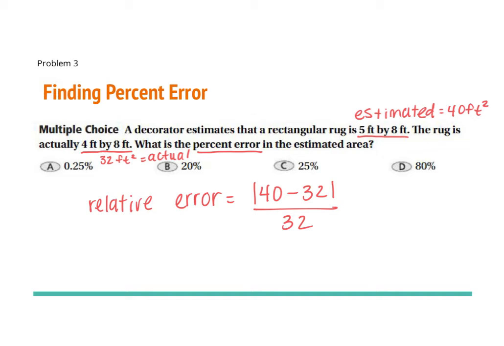So this would be sufficient. If you were to solve this, you would do 40 minus 32, which is 8, divided by 32, and you should get 0.25, which is 25% error. So he was 25% off the actual area of the rug.